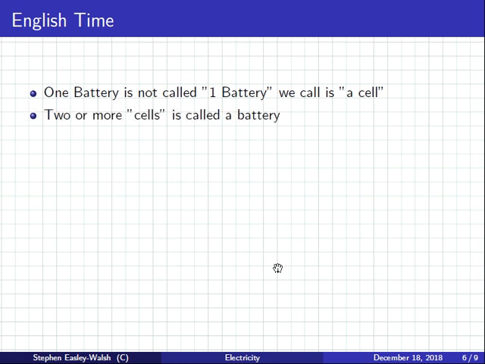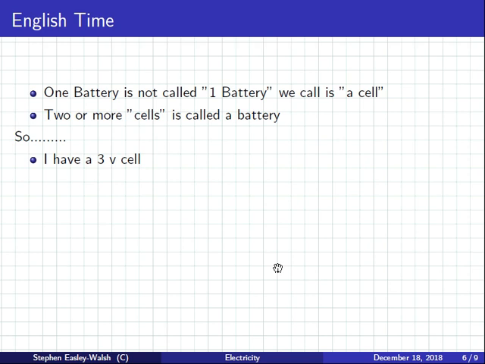Now, English time, a little bit of English to explain some ideas here. One battery is not called one battery. It's called a cell. Two or more cells is called a battery.